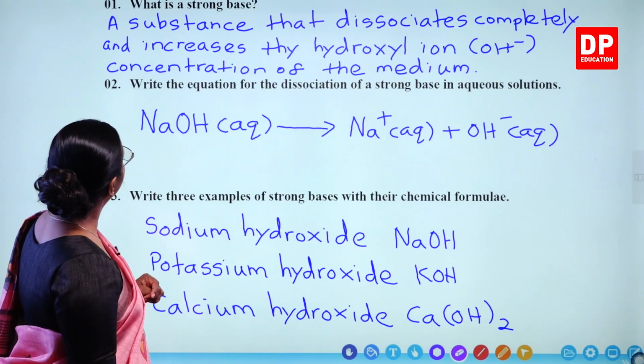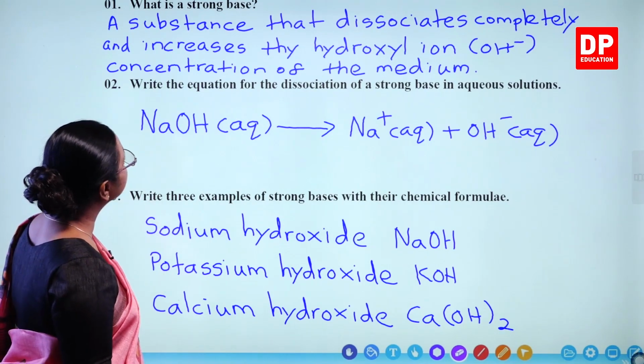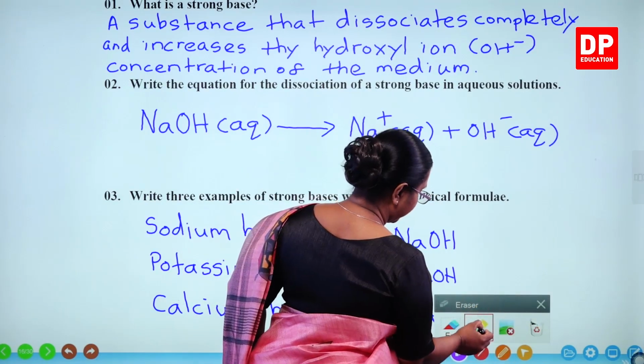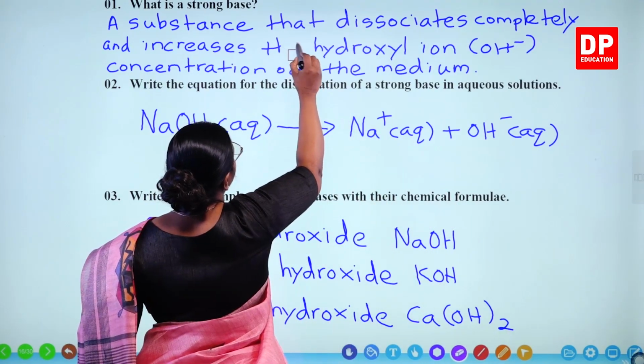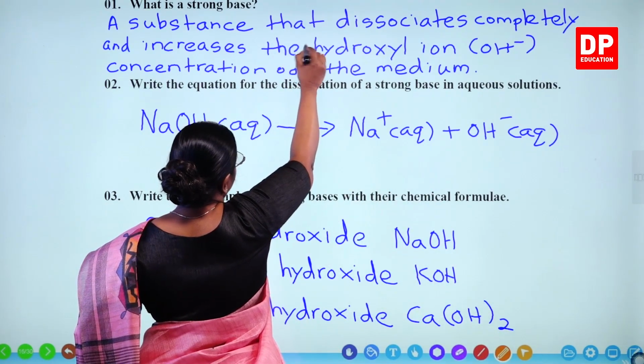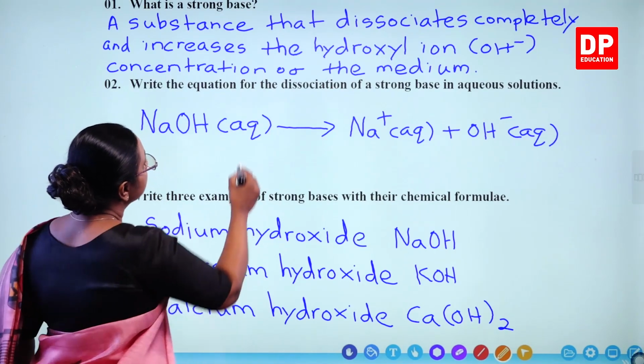So what is a strong base? A substance that dissociates completely and increases the hydroxyl ion concentration. It should have been the hydroxyl ion concentration of the medium.